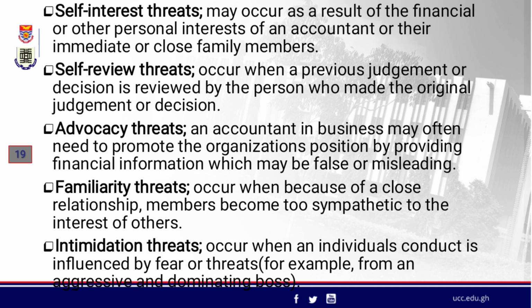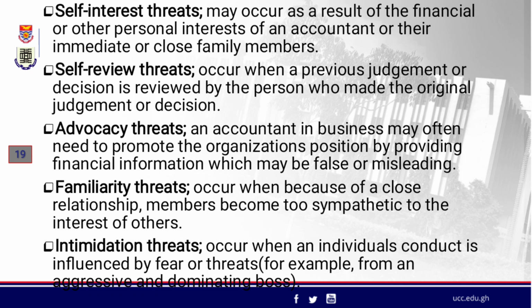That is, you, the individual accountant, having an interest in a financial deal or a personal interest in a business dealing, or a close family member or relative also having an interest in that business you are doing. It will cause a self-interest threat.